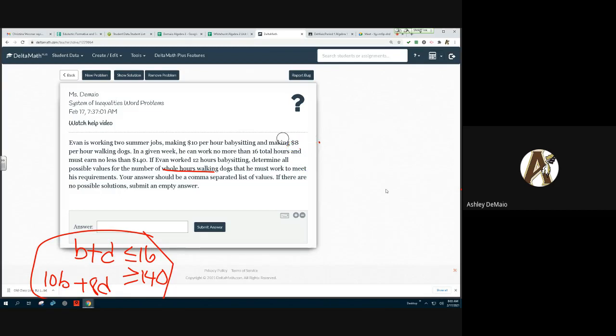So we can say that B equals 12 in order to solve for the possible solutions for D. So if B equals 12, our first inequality is going to be 12 plus D is less than or equal to 16, I'm so sorry. Okay, because we're just plugging in that value of 12 for our B. And if we solve this, we get that D is less than or equal to 4.